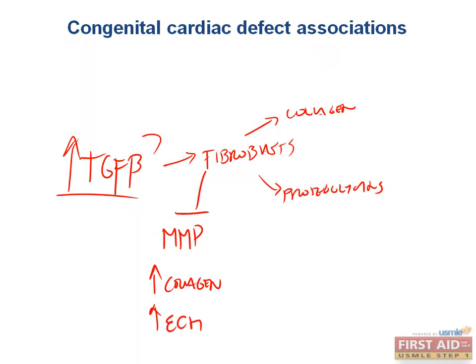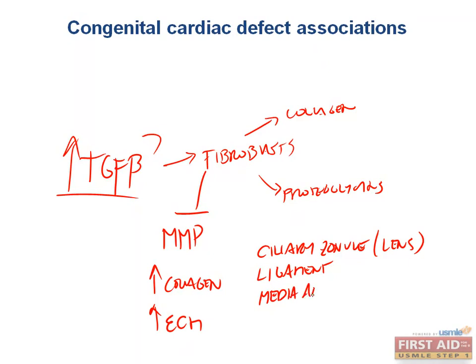So why is this in the cardiology section? Well, these fibrillin molecules are in incredibly high amounts, not only in the ciliary zonule of the lens and ligaments, but it is particularly found in the media of the aortic arch. So this tells us why these people are particularly susceptible to lens subluxation, because they have way too many proteoglycans and collagen.